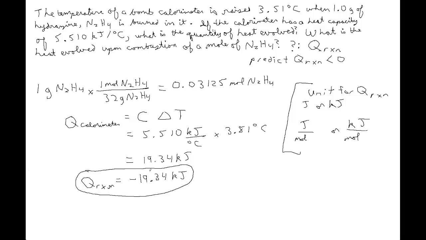So take 19.34 and then multiply it, or I'm sorry, divide it by 1 mole. Okay. Now, the problem with that is that would give you the right units, but then you would be saying that would be 1 mole of what?